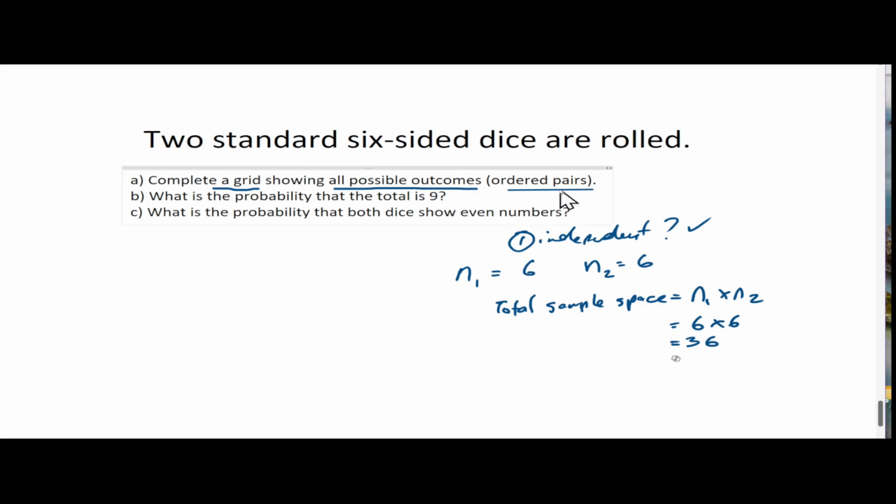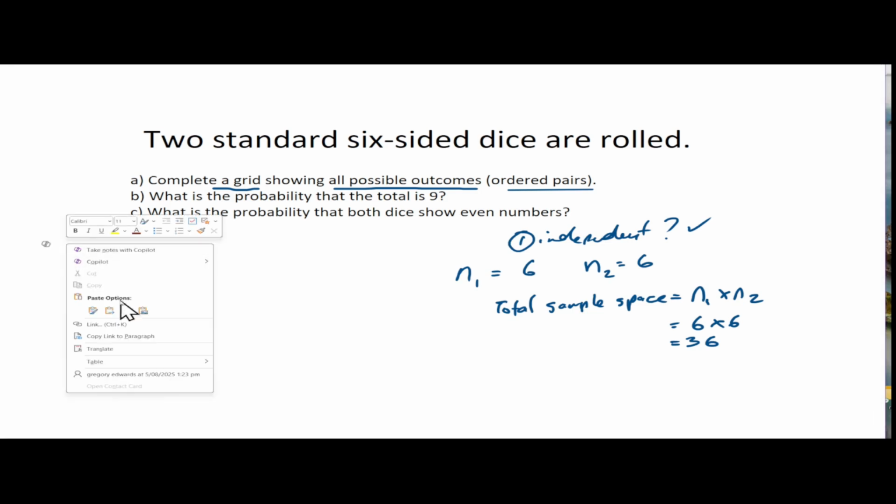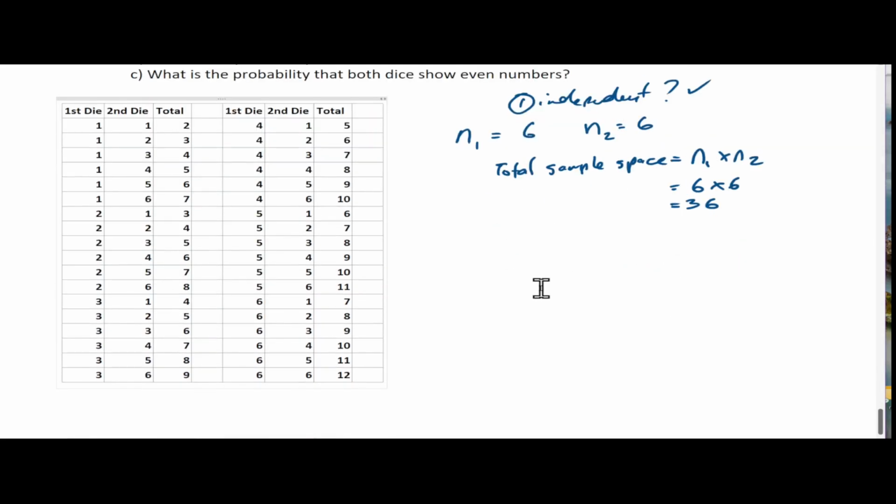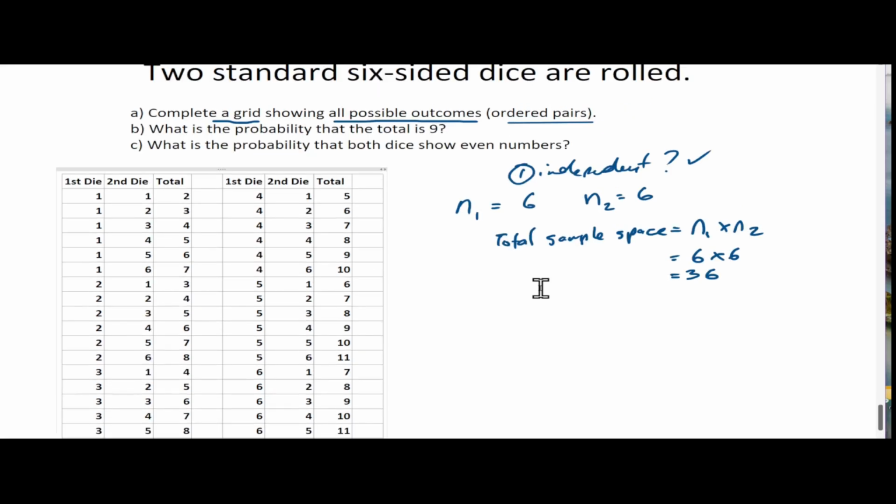And it says here, complete a grid of all possible outcomes. So rather than make you do that, I'm just going to paste them in here. So here are all of the possible outcomes that are available to us.